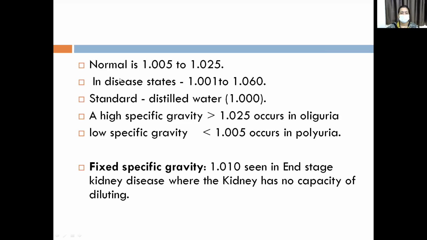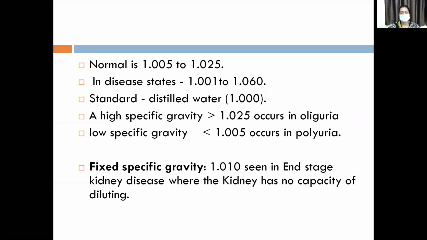The normal is 1.005 to 1.025. Some disease states may vary from 1.001 to 1.060. The specific gravity of water is 1, so we compare the urine specific gravity with that of water.